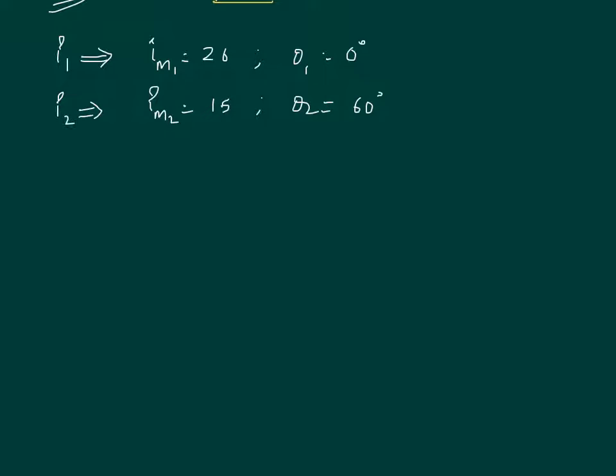For method of components, we have to resolve each AC quantity into x and y component, right? First we will observe for I1, maximum value Im1 is 20 and theta 1 is 0 degrees, and for I2 equal to 15 sin omega t plus pi by 3, here maximum value equal to 15 and theta 2 will be pi by 3, means 60 degrees.